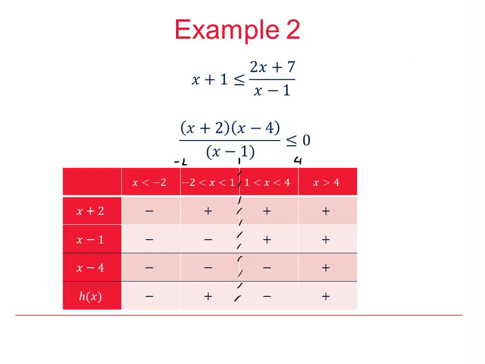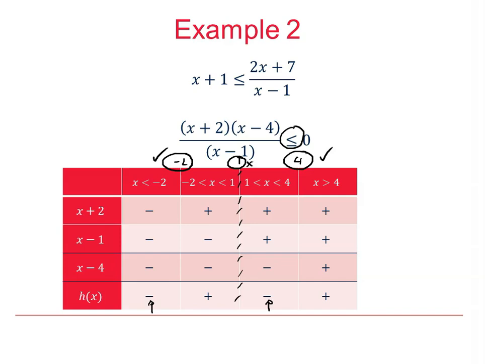So here's the completed table, and we want to look at where the expression is less than or equal to 0, and so we want the negative parts of the table for h, and we must be very careful again about these critical values. So looking at our table, we know that negative 2 will be included in the solution, so will 4, but the value of 1 is not.